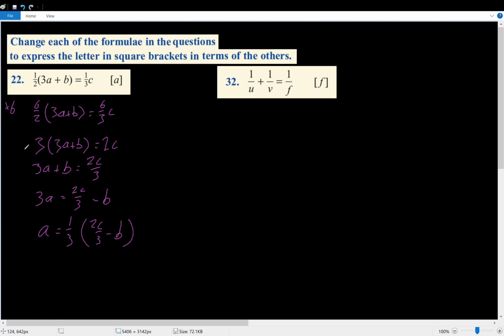Now alternatively, from this point just here, we could have done something slightly different. We could have multiplied our bracket out at this point, in which case we would have got 9a plus 3b is equal to 2c. And then we would move our 3b over, so we would get 9a is equal to 2c minus 3b.